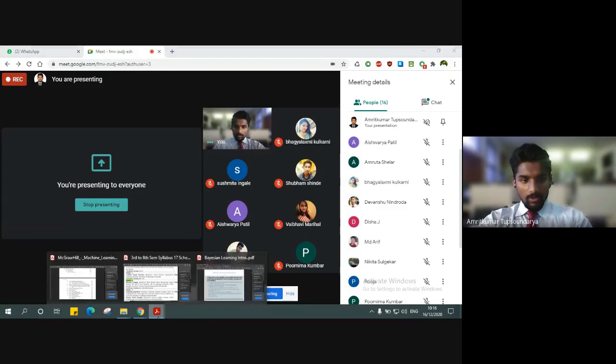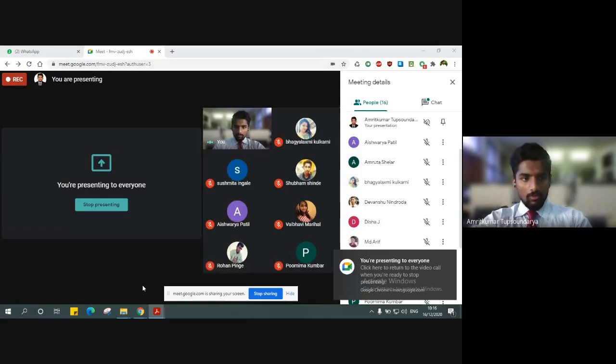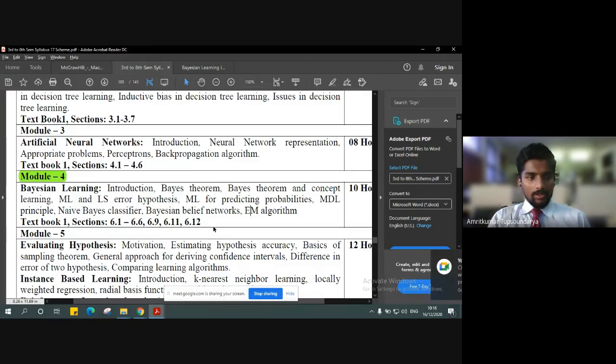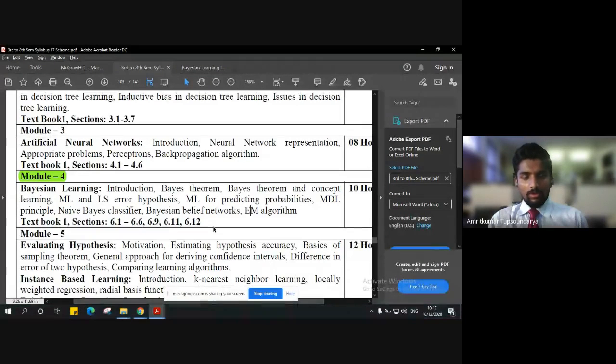I'll just give you again a brief overview of what we are going to cover here in module 4. Like I said earlier, in module 4 we are going to cover the introductory part of Bayesian learning, and what is Bayes theorem, which is again a very important core concept of machine learning, and concept learning in Bayes theorem, the ML and LS error hypothesis.